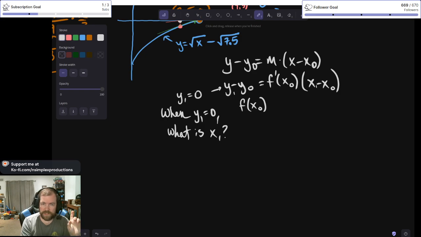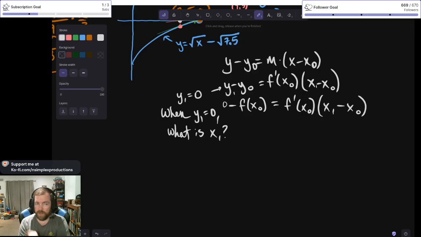So here, 0 minus f of x sub 0 is equal to f prime at x sub 0 times x sub 1 minus x sub 0. Again, we already know what most of these values are going to be. We need to find the value of x sub 1.